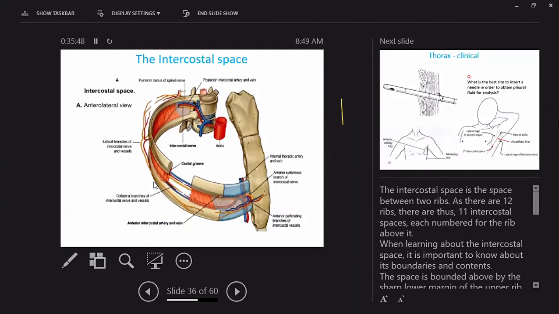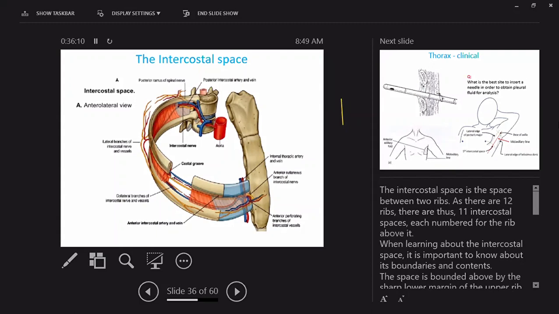And if you enter there, then it's safe. You may damage the collateral branch, but that is again very tiny, very high chance that you're not going to damage it. But definitely, if you go from the bottom margin of the upper rib, you can damage the main neurovascular bundle. So these are common questions that you will be asked.